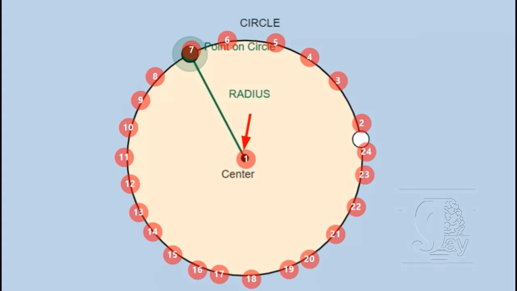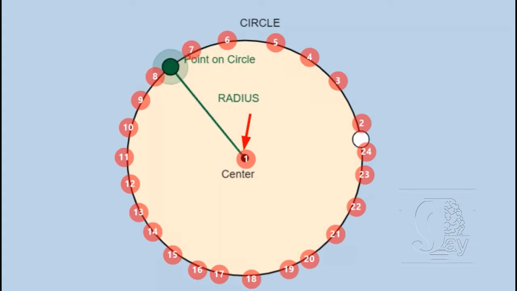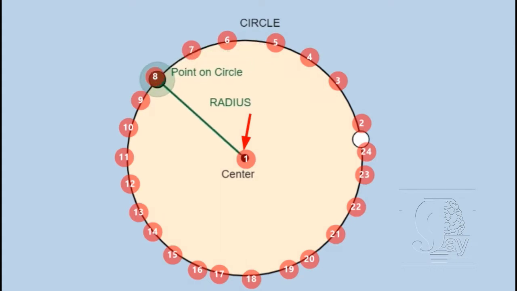So what is the distance? This length is the distance. Okay, so what is the distance of the next point? Point number 8 is again at the fixed distance, the same distance as point number 7 was from 1.